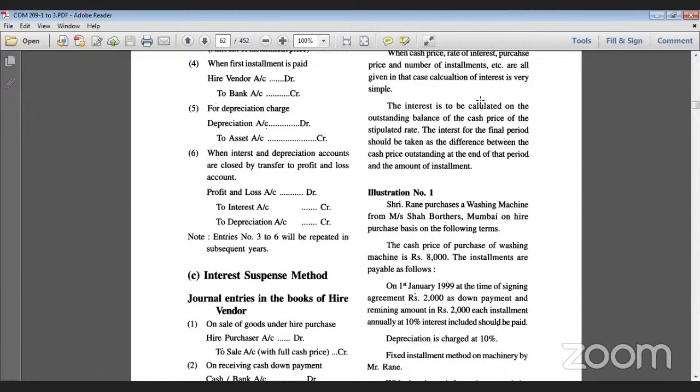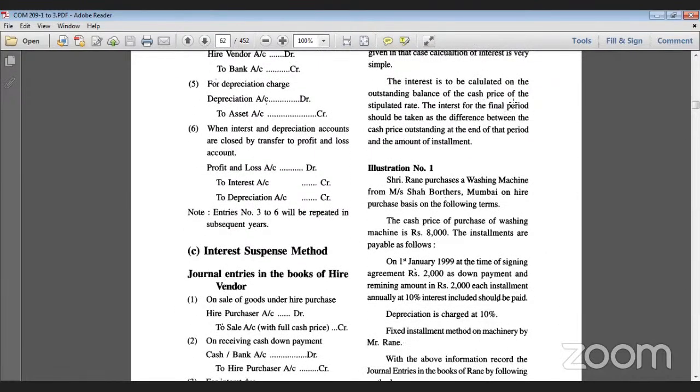Let's start with a problem. Shri Rani purchased a washing machine from Mishra Brothers, Mumbai on hire purchase basis on the following terms. The cash price of the washing machine is rupees 80,000.